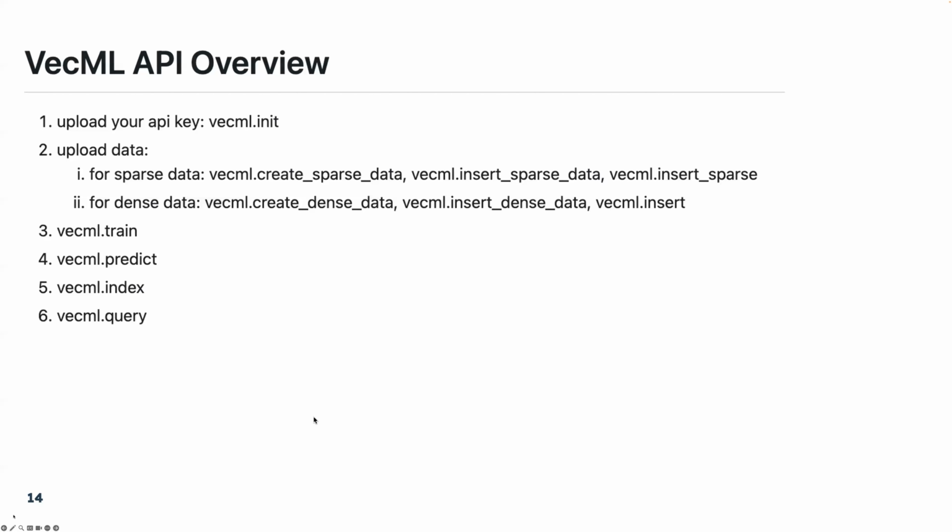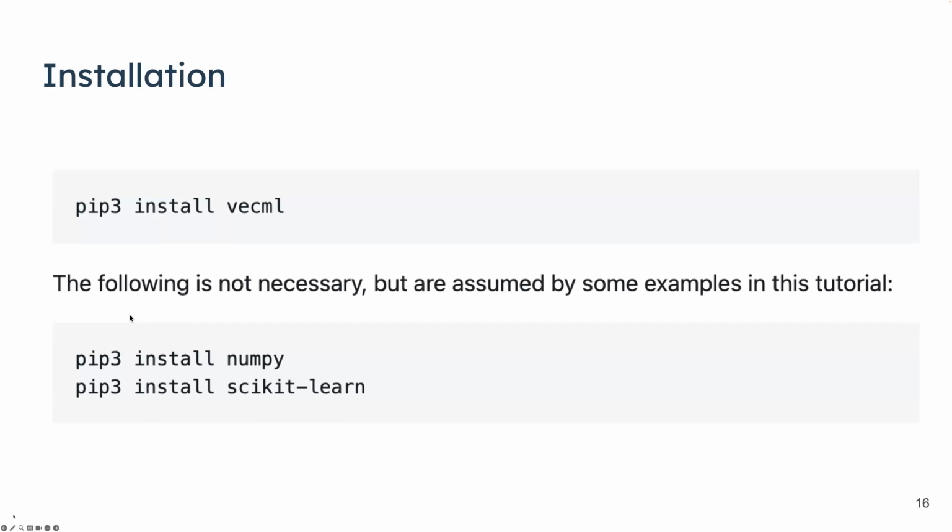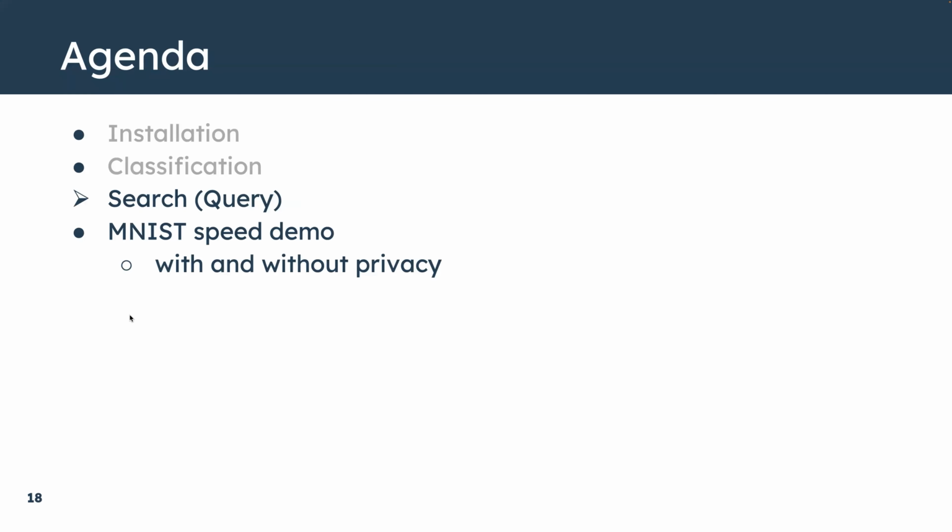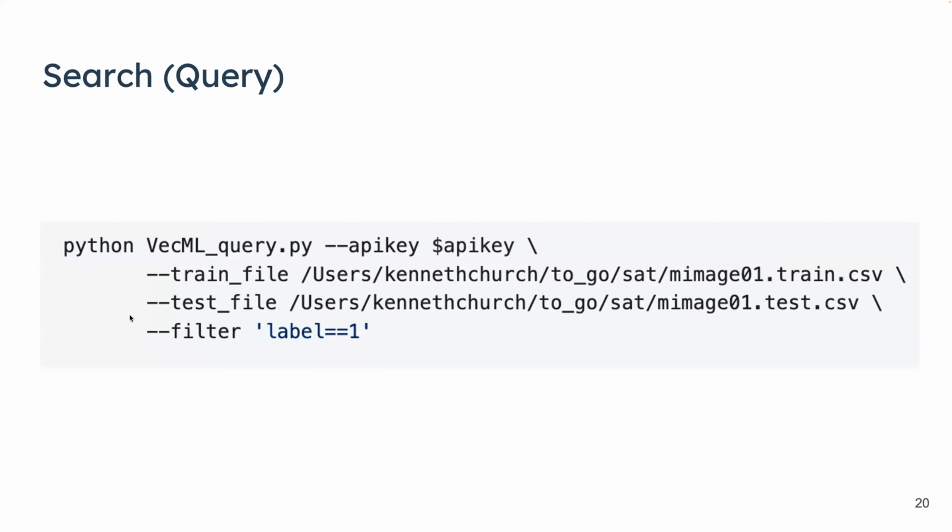Here I want to give the overview of all the functions that I'm using. So vecml.init uploads your key. There's a bunch of different functions for uploading data, depending on whether it's sparse or dense. And then we've got a train function and predict. This is going to be used to make the queries run fast, and then query is to actually do the query.